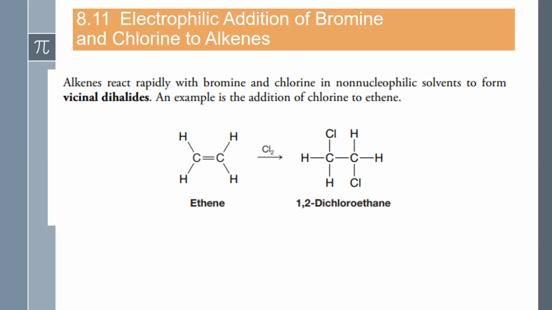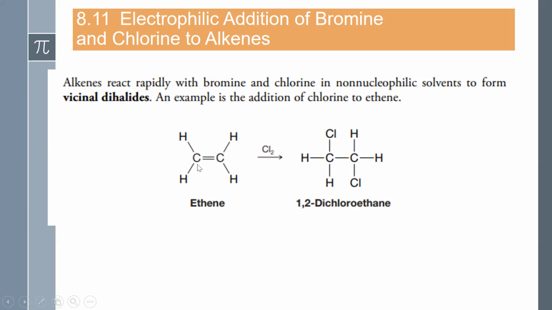What are vicinal dihalides? Vicinal dihalides are halogens added to both carbons of the alkene, in a vicinal manner. So you have a dihalide that's being produced, like an alkyl halide, but a dialkyl halide here, in vicinal. They are added next to each other.